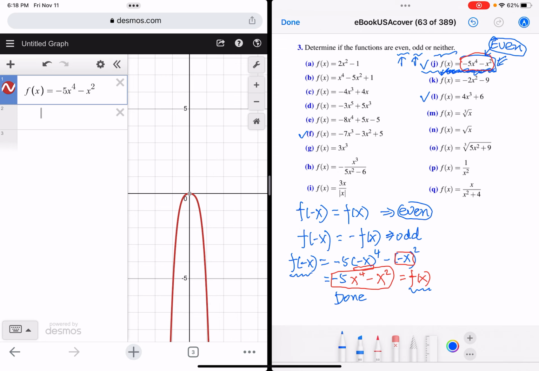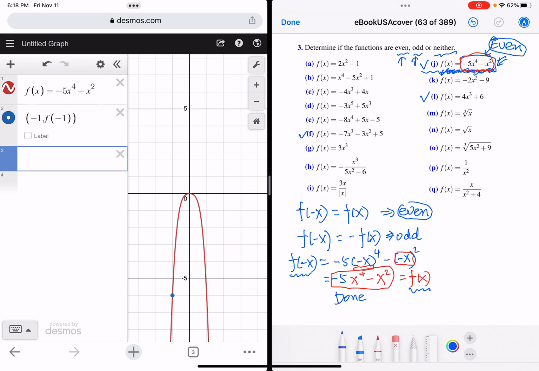If you want to do it exactly, again, you may input parentheses here, and then here is -1, comma, and then you may input f of -1 here. And then you see the point already shows up.